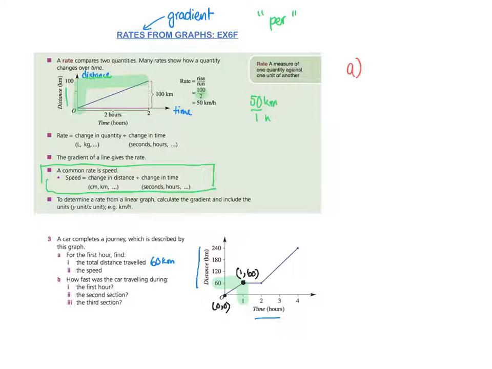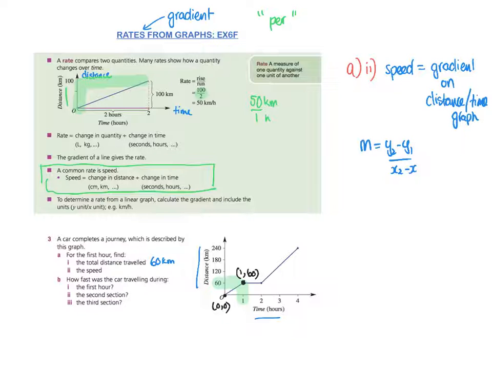If I'm going to find the speed, remember the speed is actually the gradient on a distance time graph. So I'm just going to use the gradient. Can't I use y2 minus y1 over x2 minus x1? I'll call that x1, y1, x2, y2. So what will the speed be?